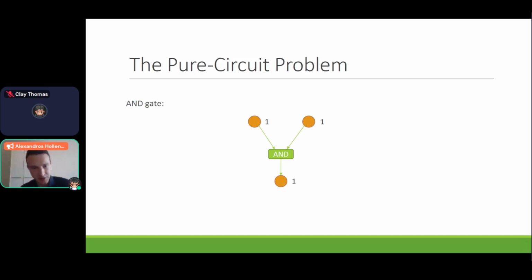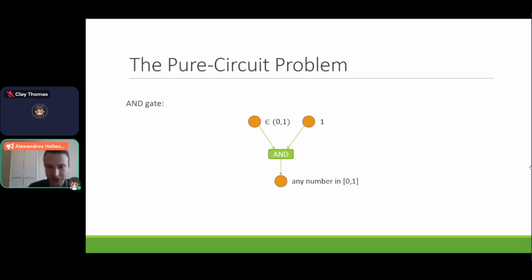Now, where it gets interesting is, of course, what happens if the inputs are not pure bits, not just 0 and 1? What happens then? In essence, the same as with the NOT gate, namely, the AND gate does not care about the output. So, for example, in this case, if the first input is something that's not a pure bit, so something strictly between 0 and 1, and the second input is 1, then the AND gate is not going to care about the output. It's going to allow you to put whatever number you want here.